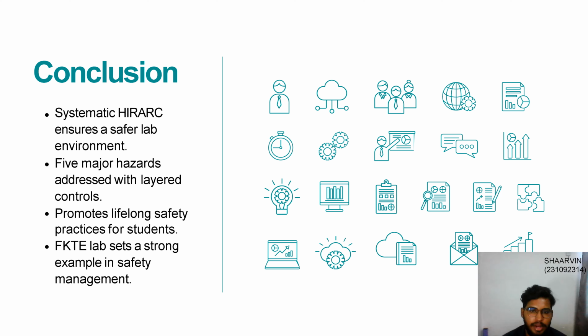While we cannot eliminate all risks, we can reduce them significantly. More importantly, HIRAC instills lifelong safety habits in future engineers. It helps them think critically, act responsibly, and contribute to a safer workplace after graduation. The FKTE lab sets a strong example by prioritizing safety and preparing students for the real world.